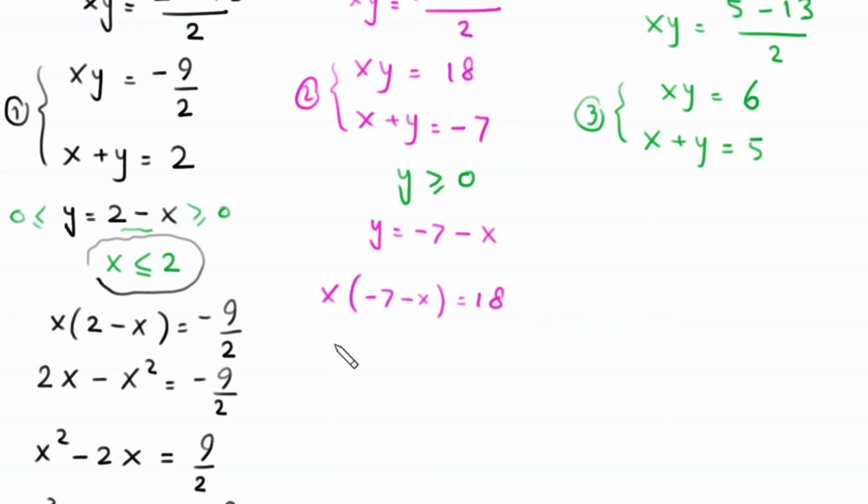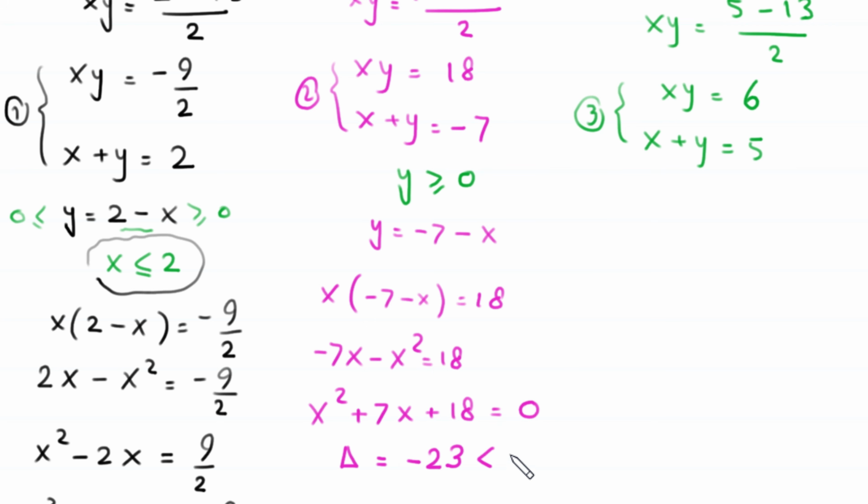Distribute this x times negative 7, negative 7x, x times negative x, negative x squared, equal to 18. Move these two terms to the right hand side. This will become x squared plus 7 times x plus 18 equal to 0. Since the discriminant of this equation delta is equal to negative 23, which is less than 0, no real solutions can be found from this case.